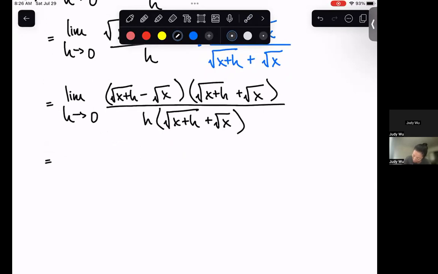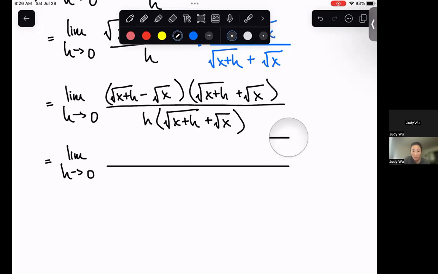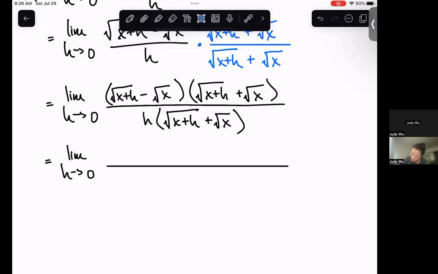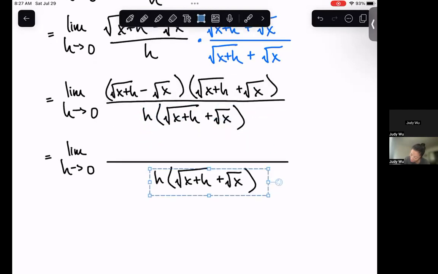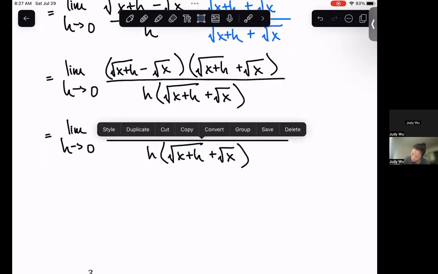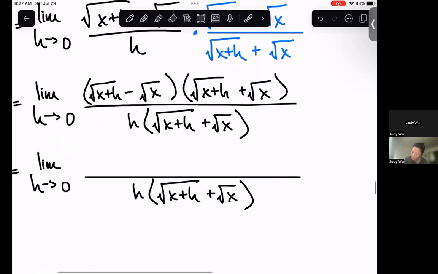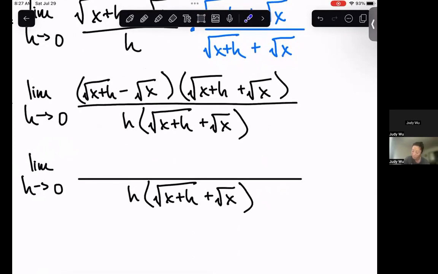Instead, we're going to FOIL out the top, but we're going to be patient and leave the denominator the way it is. All right, so my denominator is still going to be this, okay? But my numerator, let's see what happens when I FOIL.